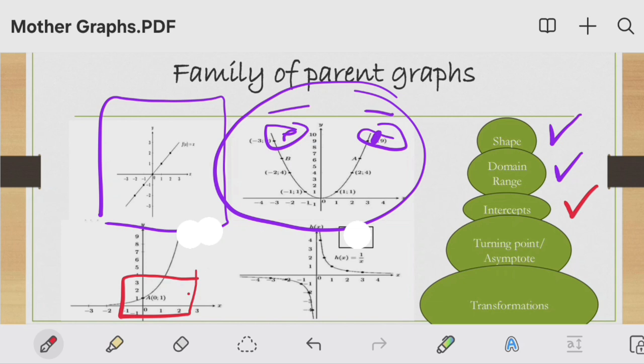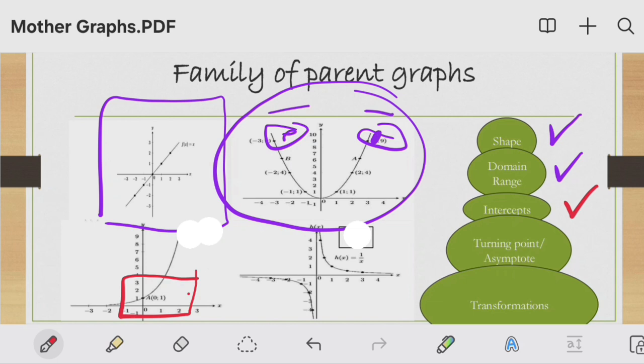Other graphs have what we call turning points, specifically graphs like the parabolic function. Graphs like the sine function and cosine function, which we'll discuss later when we talk about trigonometric functions, also have turning points, whereas other functions have what we call asymptotes.